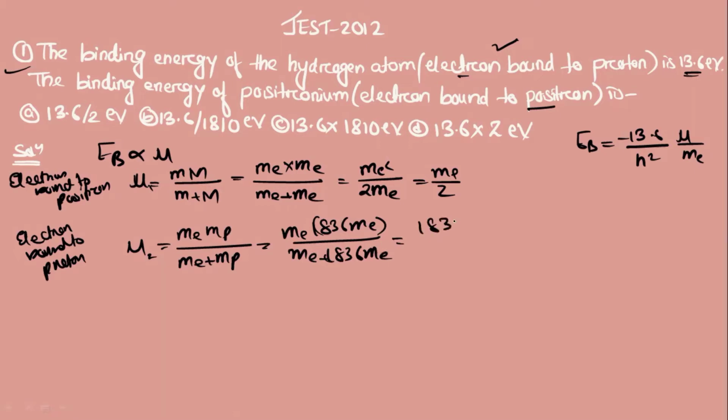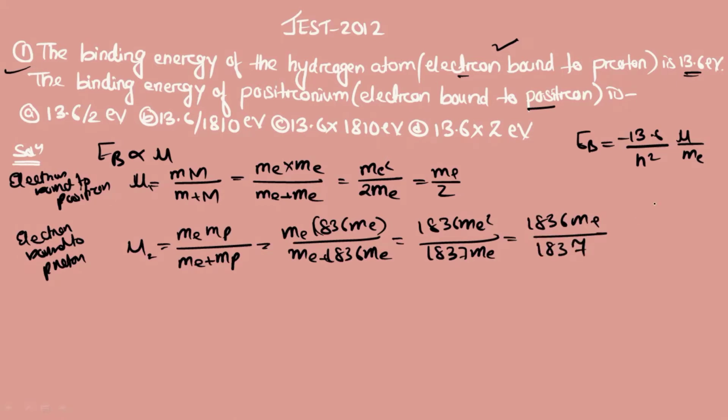Finally you will get 1836 Me square by 1837 Me. That means it is 1836 times the mass of the electron by 1837, which is approximately equal to the mass of the electron.